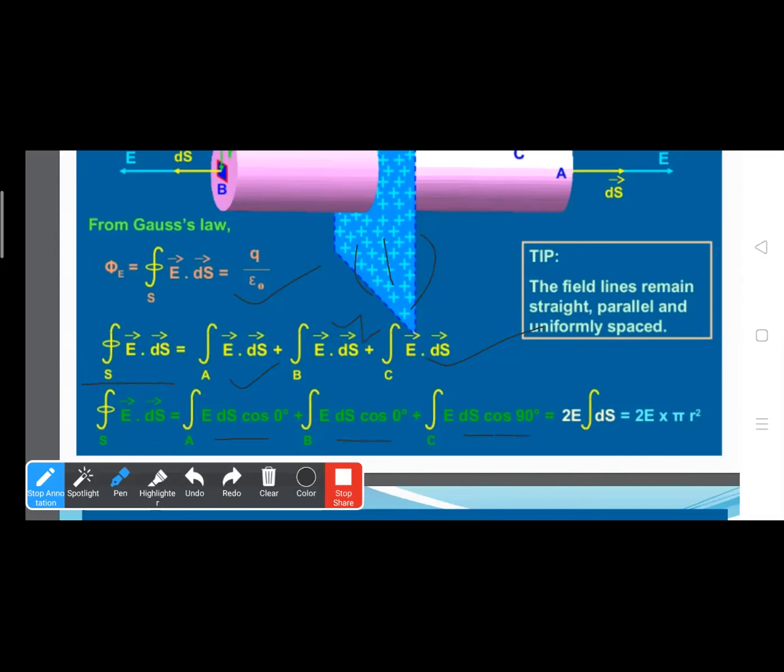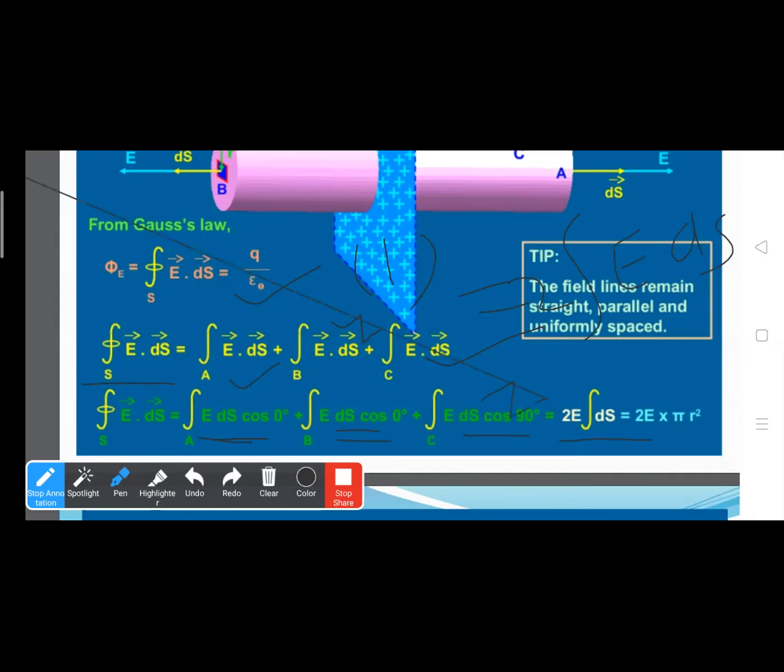So these two fluxes will be added. After adding, we get flux equals 2 times the surface integral of E dS. Clear?